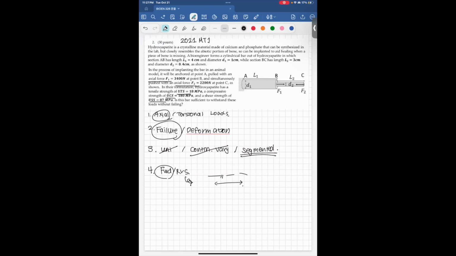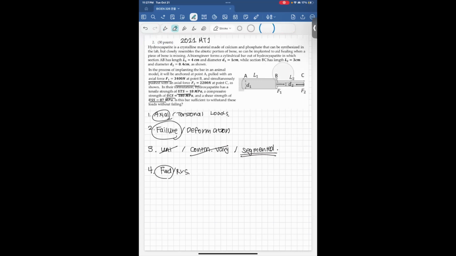So given this information, can you tell me about the material characteristics? That could be the reverse, but that's not the case for us. We will be seeing the outcome given all this information. Would it fail or not? So this is a forward question.